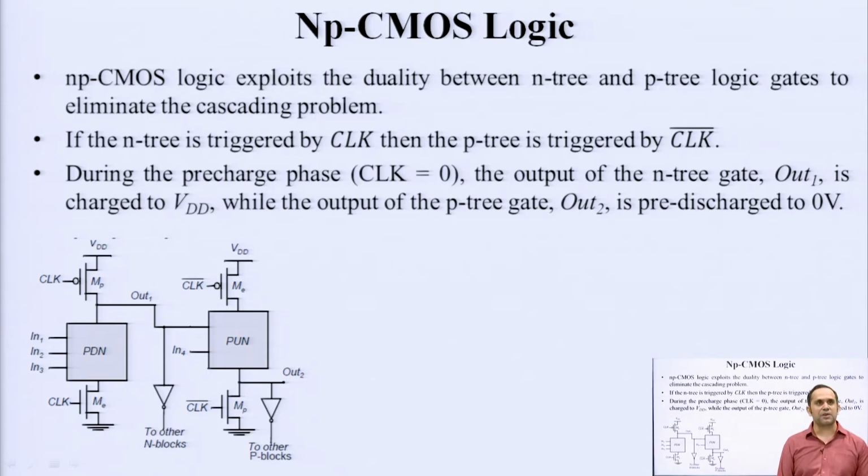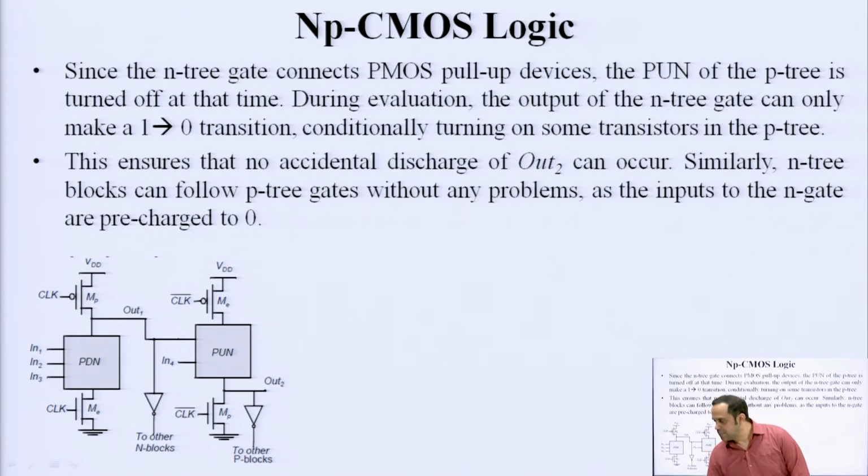Okay. So, this is a brief summary again from a circuit point of view of how np-CMOS logic works. Since the N type gate connects PMOS pull up devices, the pull up network of the P tree is turned off at that time, and during evaluation the output of the N tree gate can only make a 1 to 0 transition, okay, conditionally turning on some transistor in the P type network.